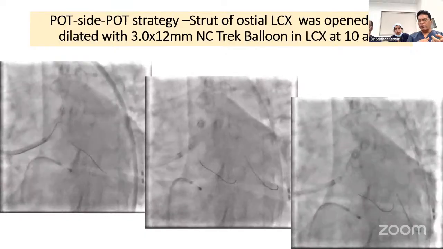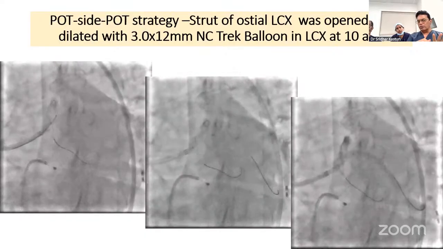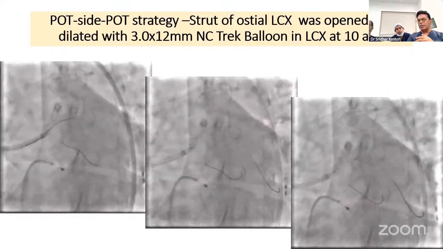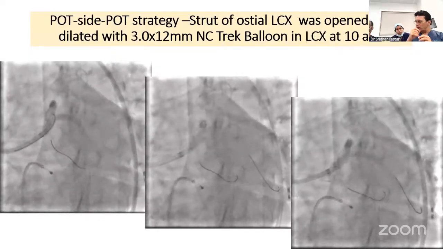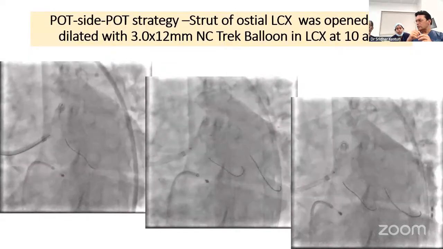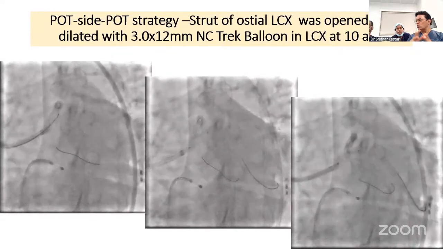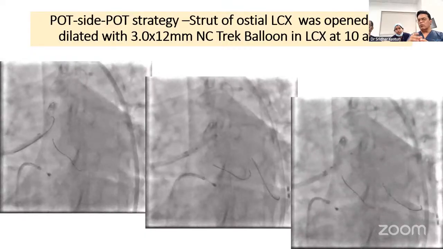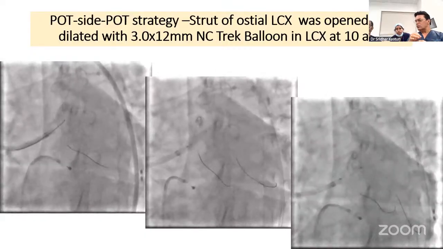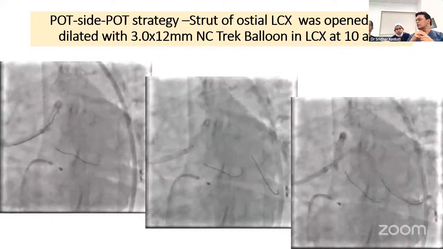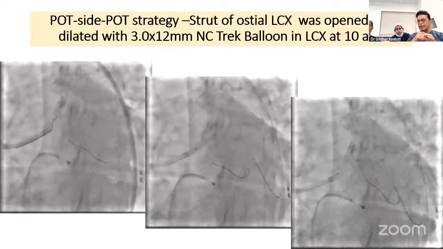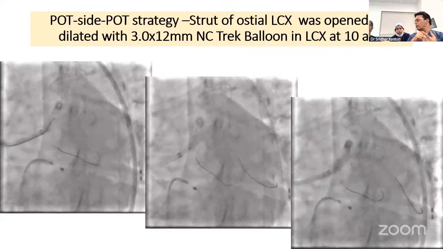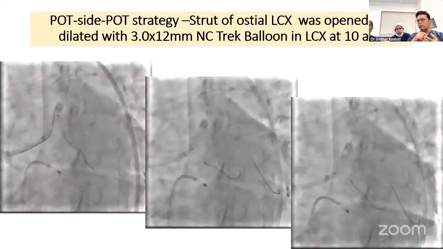Here, why have we done it, though the side branch appears to be fine? Sometimes OCT studies have shown very clearly there may be a few struts across the ostium, because it's a huge LCX. We don't want to take any risk of restenosis at the ostium of the LCX. That's the reason our intention is to take a small balloon; it's about a 3.5-4 mm vessel. At least take a 3 mm balloon.